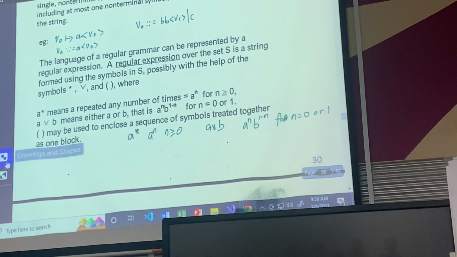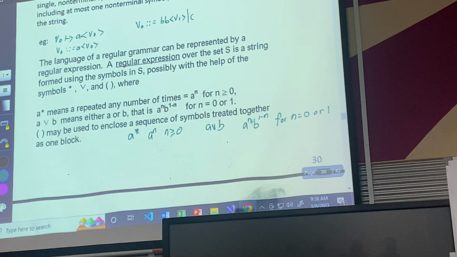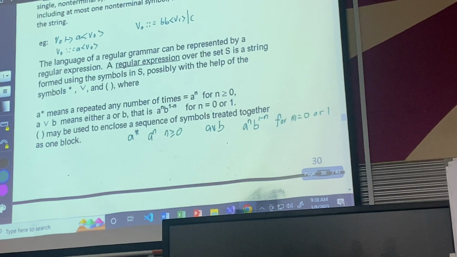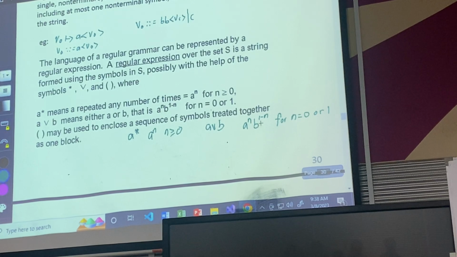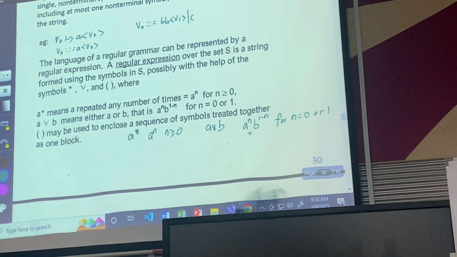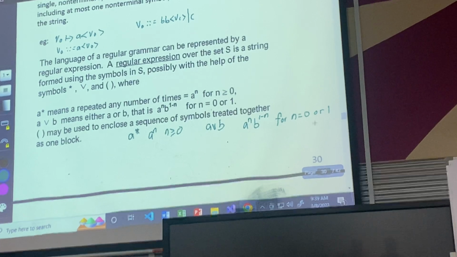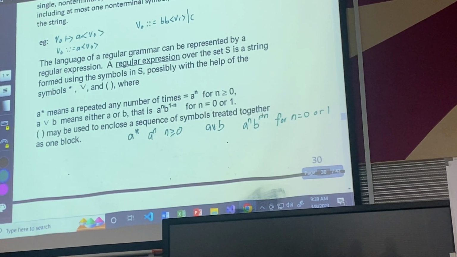Because when you put A power n, B power 1 minus n, the alternative here is if n is 0, then the A is power 0, so no A, and the B will be 1 minus 0, so you will have 1 B. But if n is 1, then you will have A, but you don't have B. Okay?